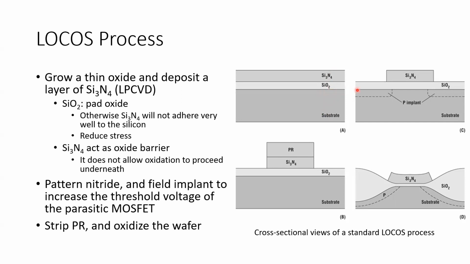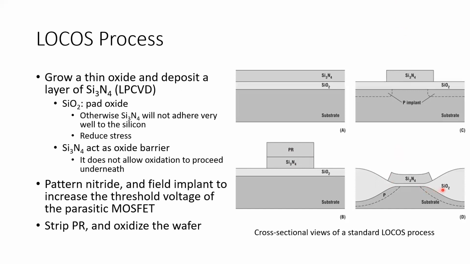Then this silicon nitride works as our oxide barrier. The exposed region can grow oxide using thermal oxidation, and the region covered by silicon nitride will not grow oxide in the thermal chamber.